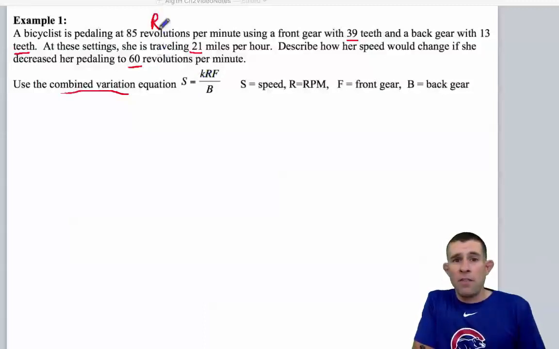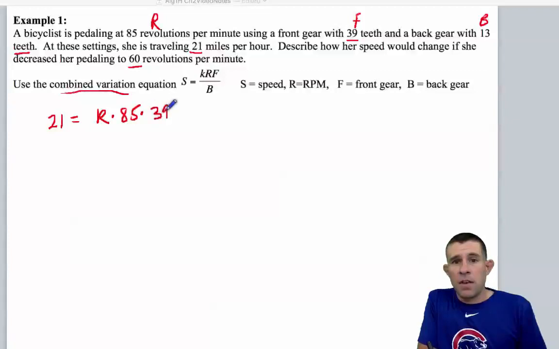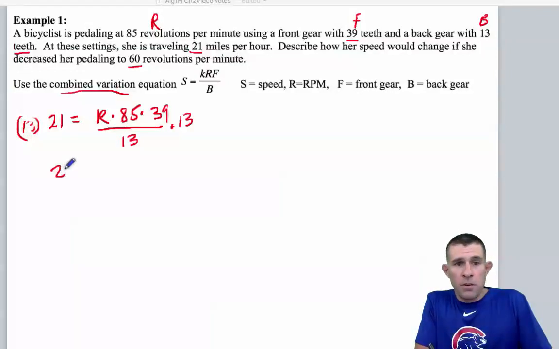So let's go ahead and substitute in. We have 85 for our revolutions, we have 39 for our front gear, and we have 13 for our back gear. So our speed is 21. K is what we're looking for here. This is 85 times our front gear of 39, all divided by 13. Let's start to get K by itself by multiplying both sides by 13. As a result, I'm going to end up with 273 is equal to K times 85 times 39.